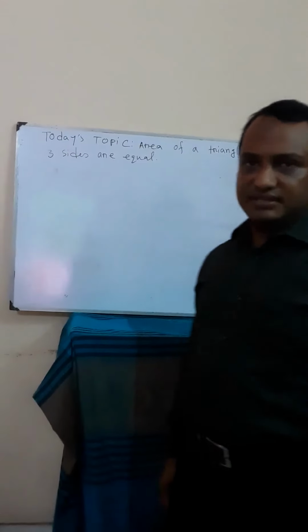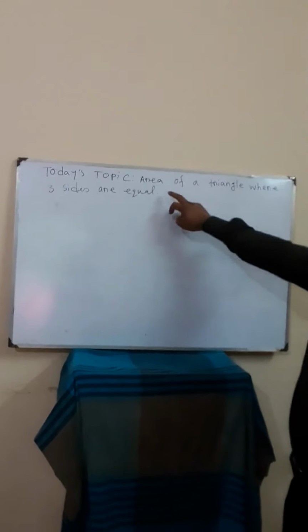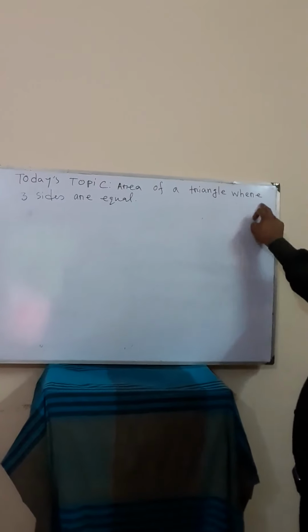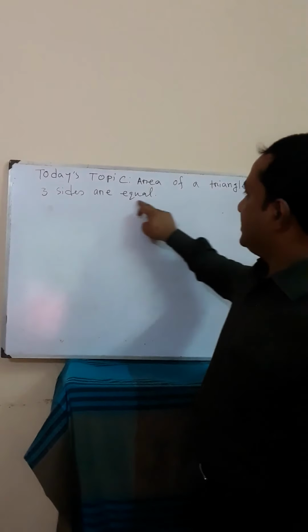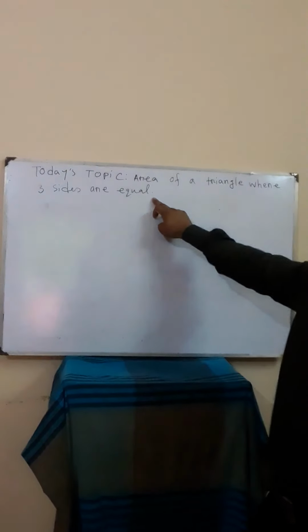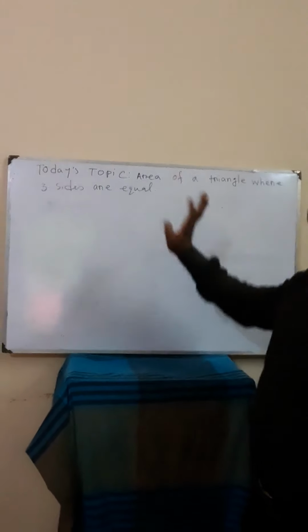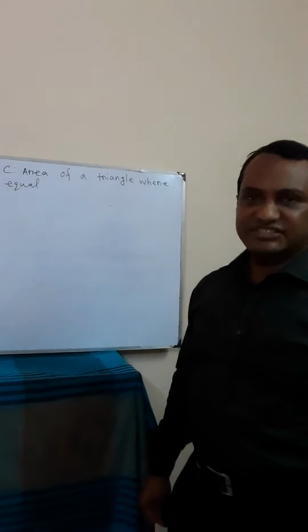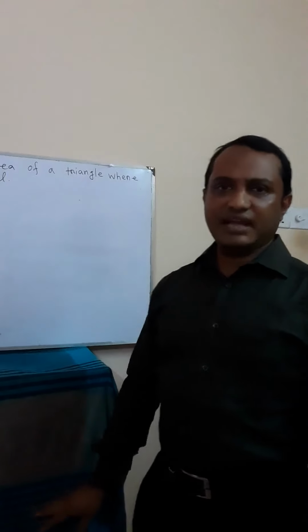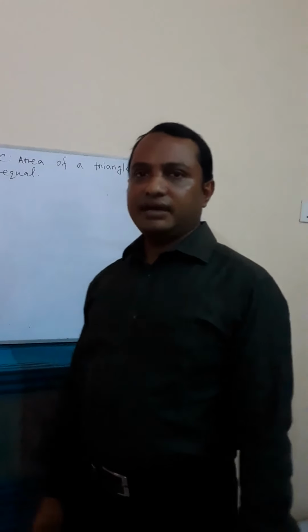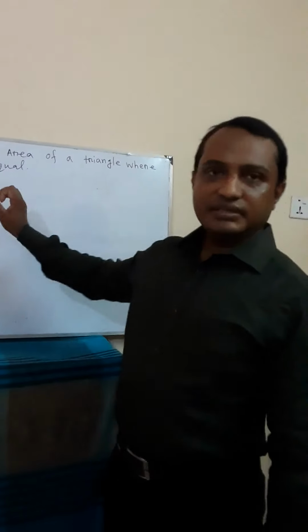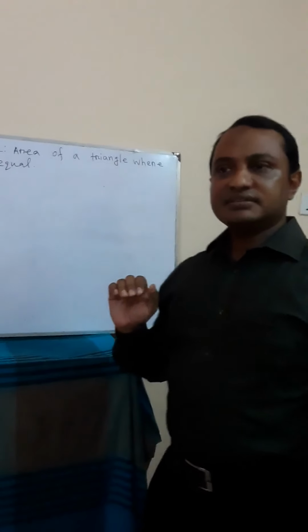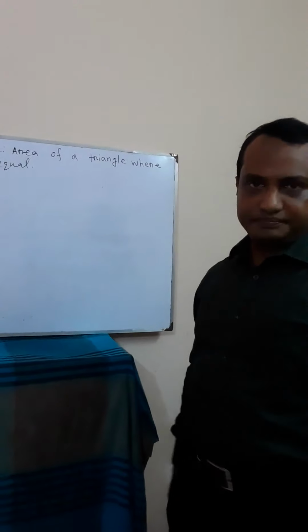Our today's topic is the area of a triangle where three sides are equal or the same. This type of triangle is known as an equilateral triangle. There are different types of triangle, and one is the equilateral triangle where three sides are the same.